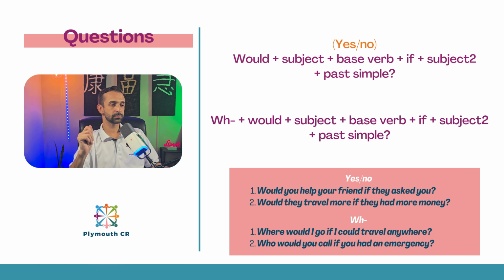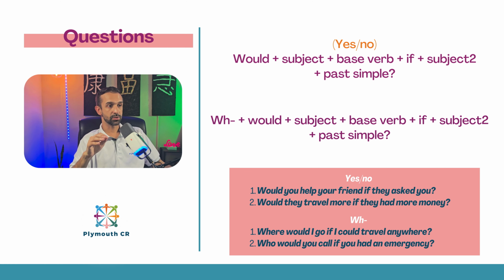Or with what. Sometimes, a very simple example in simple present: What color do you like the most? For example, in this case, we add the word color right next to the WH word.